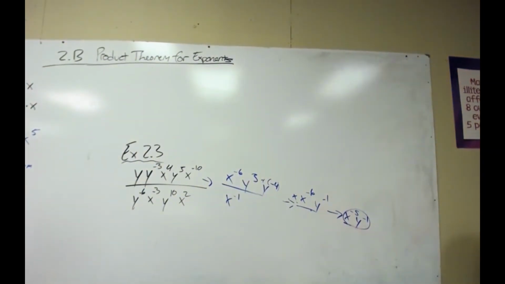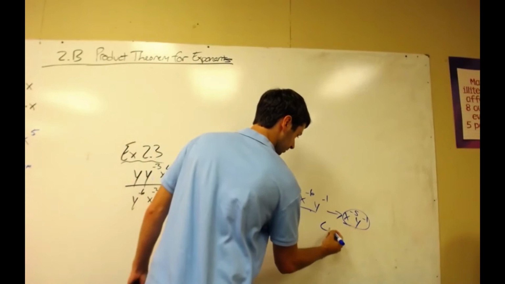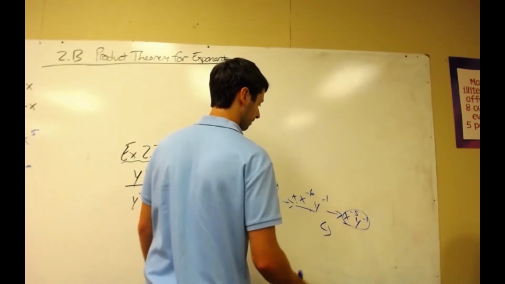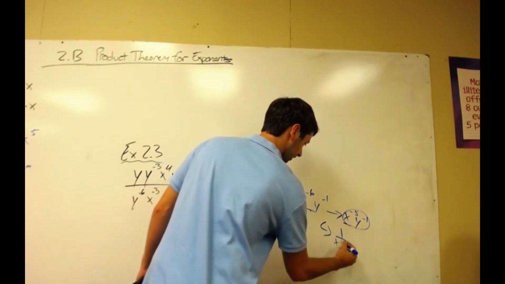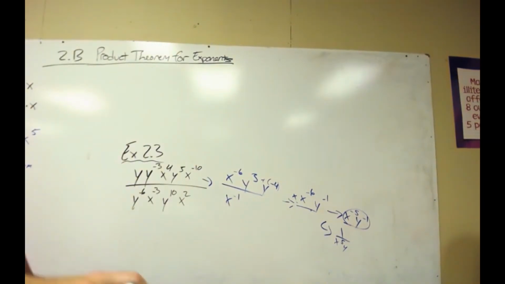If I wanted to write it with positive exponents, I'd simply move them to the denominator. It just says simplified, so that would work as the answer. But if you want positive exponents, you would say 1 over x to the 5th y. And hopefully that's becoming pretty easy to see the more you do it.